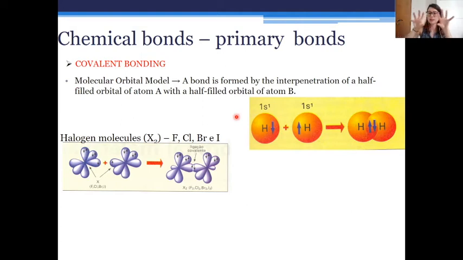To get this interpenetration of the orbitals, they will have to have opposite spins, and so they will be able to share these electrons and create a covalent bond between them.